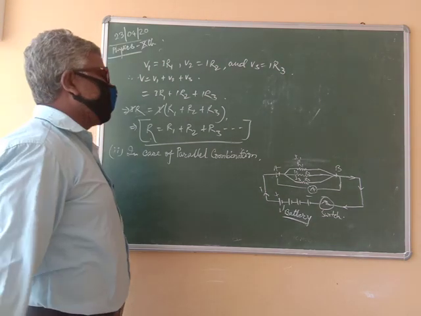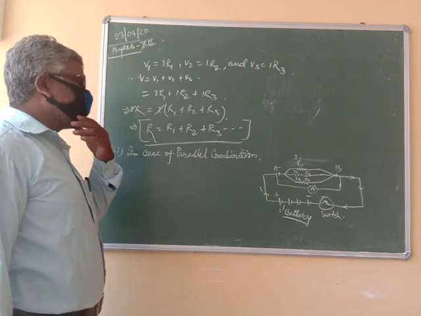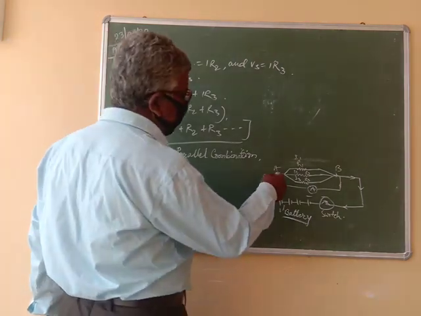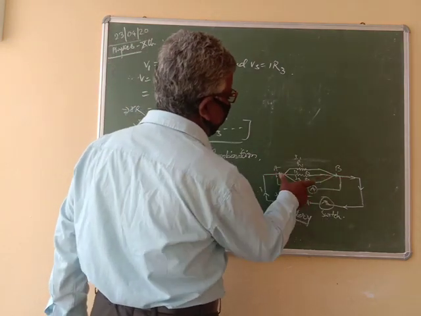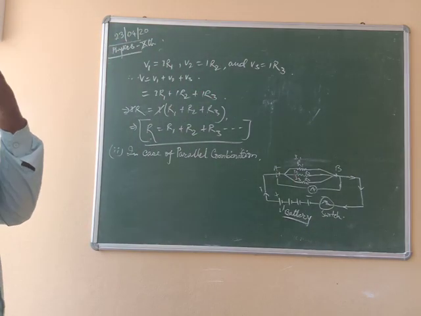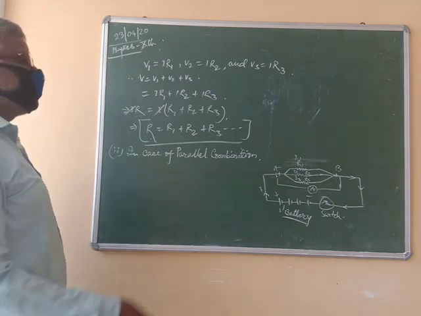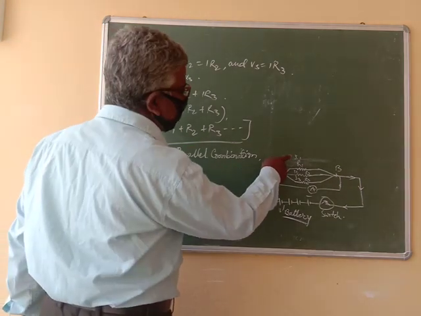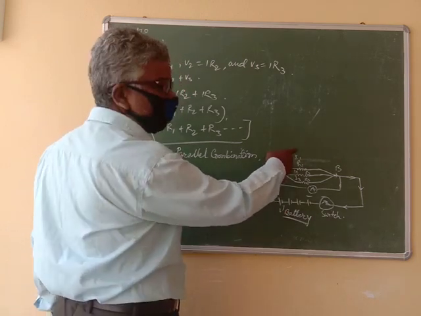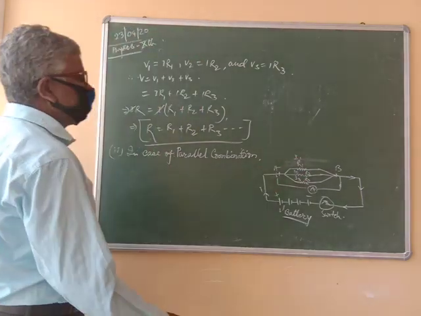You will see that R1, R2 and R3, these three resistances or resistors, are connected in such a way that they are between the same points A and B. We have to find out the resultant resistance of this type of connection. In this case each resistance has its own current, so the current varies in the entire circuit.